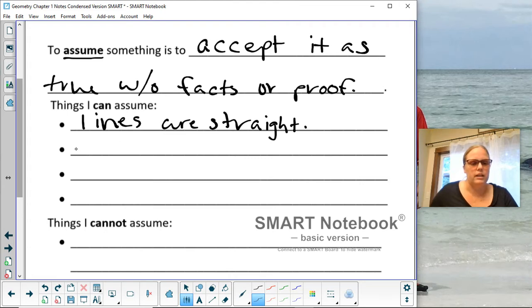The second thing we can assume is that when you have two lines crisscrossing or intersecting, they're not going to bend back around and intersect again. So they're only crossing once.